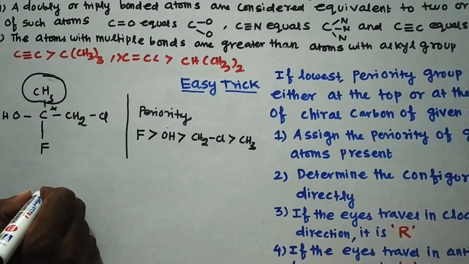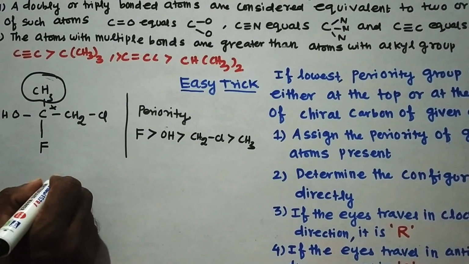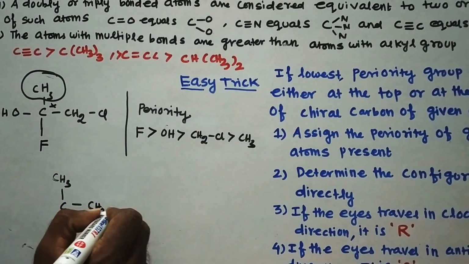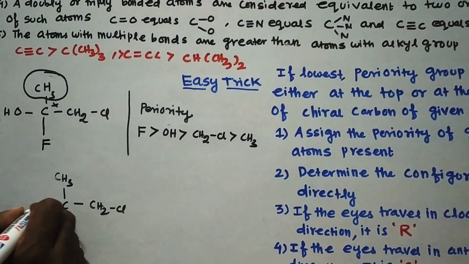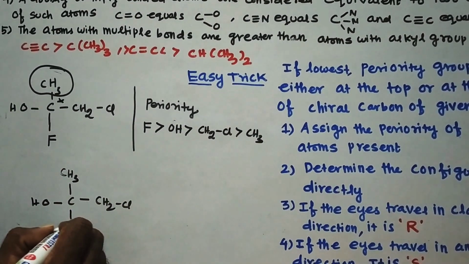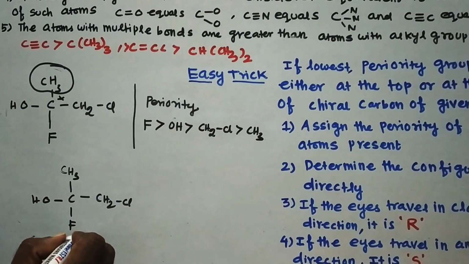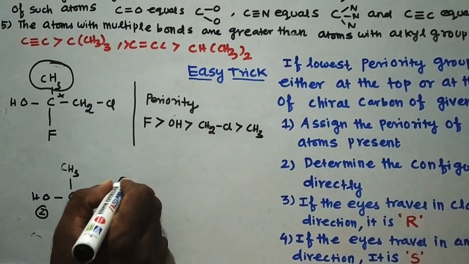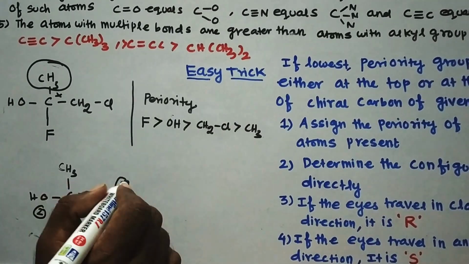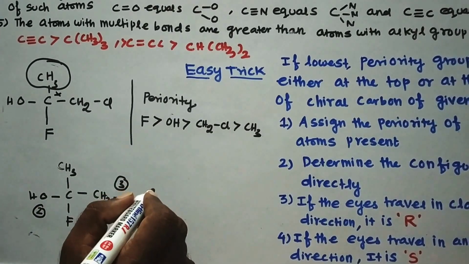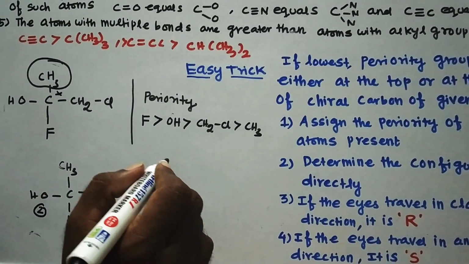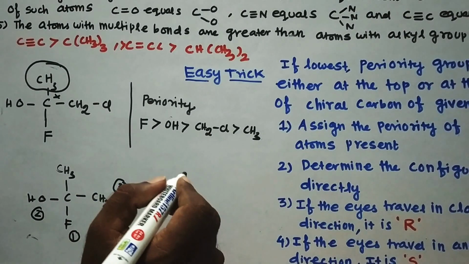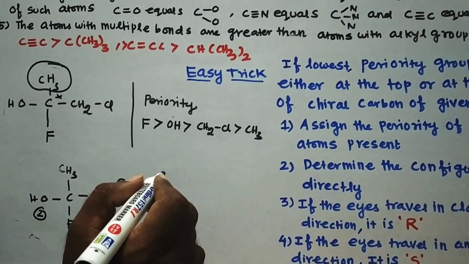Now, CH3, C, CH2Cl, OH, F. This is the 1, this is the 2, and this is the 3. The first priority goes to atoms or groups with higher atomic number directly bonded to the chiral carbon.